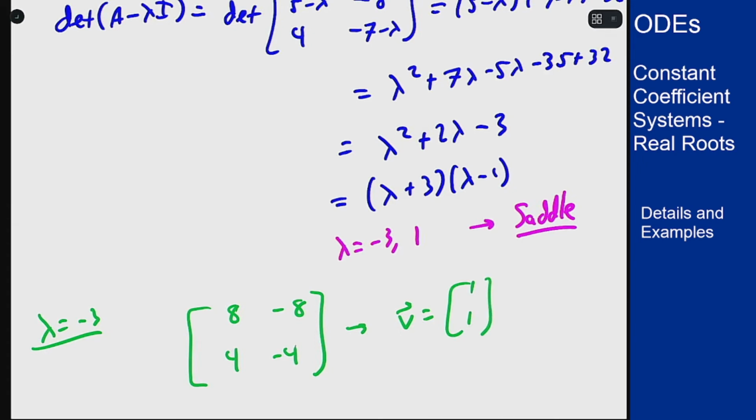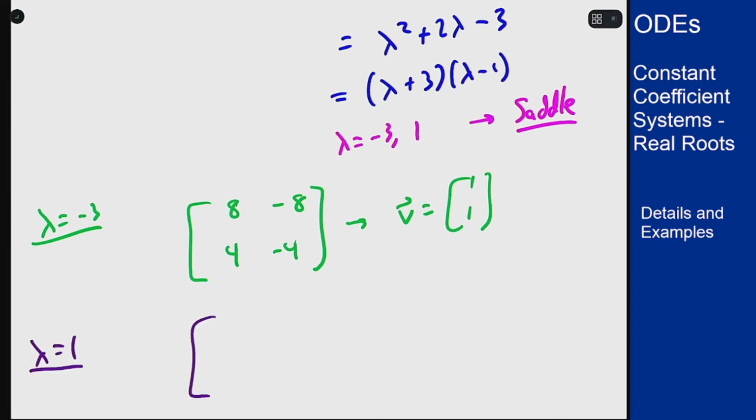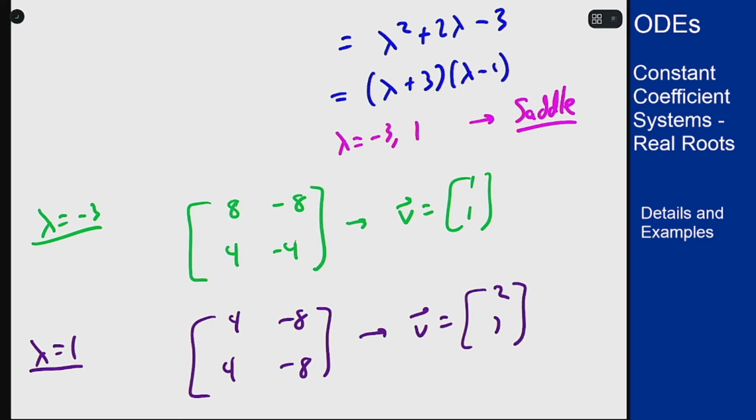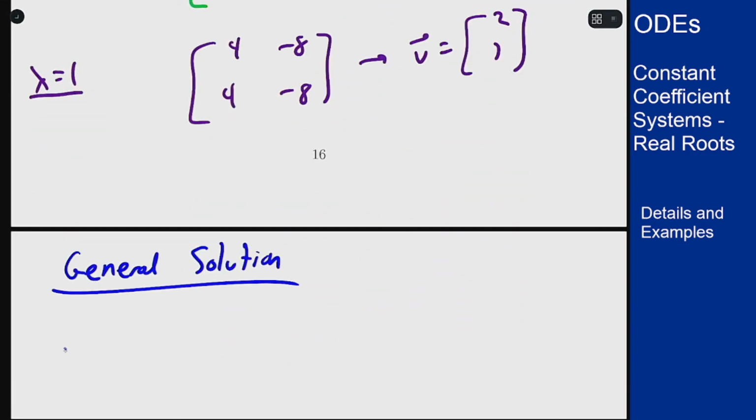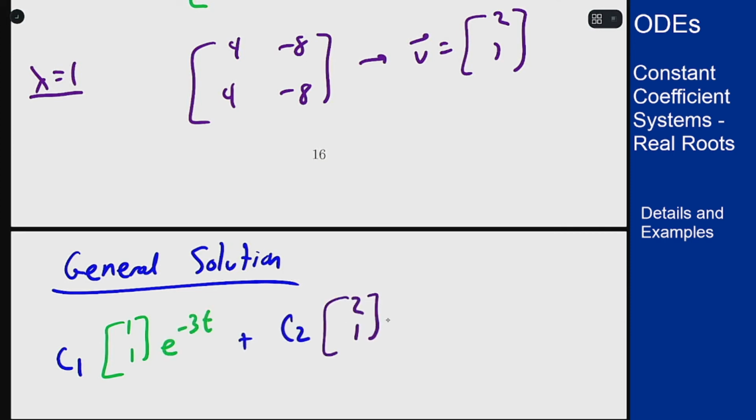And for lambda equals 1, the matrix becomes 4, minus 8, 4, minus 8, which has an eigenvector of 2, 1, since it row reduces to 1, minus 2. So from that, I write a general solution, which will be C1 times 1, 1 e to the minus 3t, plus C2 times 2, 1 e to the t.